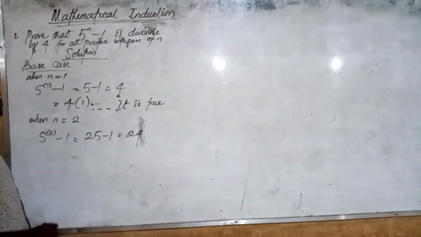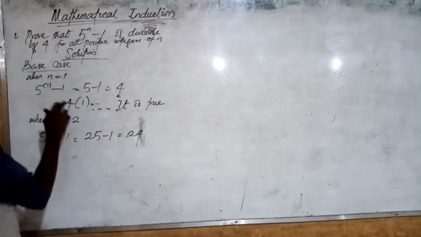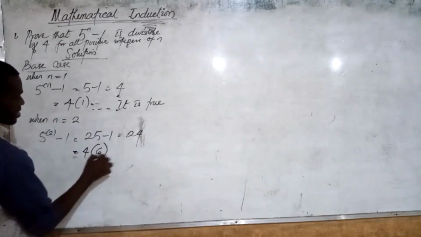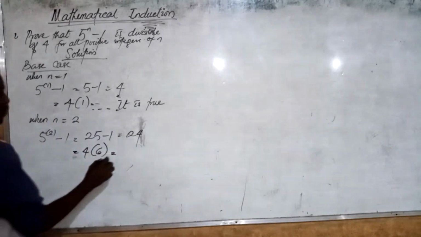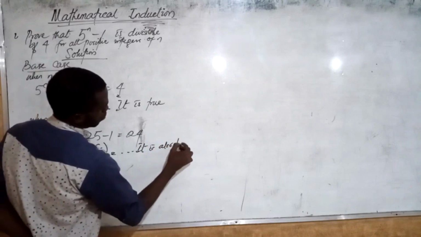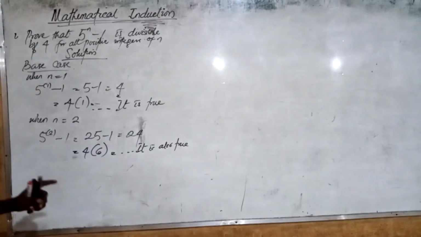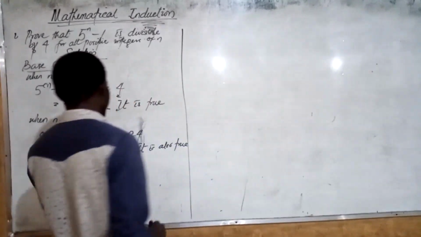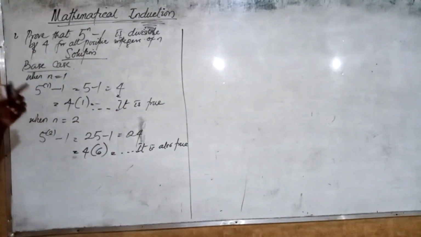Now is 24 divisible by 4? Yes, because it is 4 into bracket 6 that gives us 24. So it is also true. Since we have proven for 2, you can go further to proving for 3, but at this level, I think it is true for all positive integers.